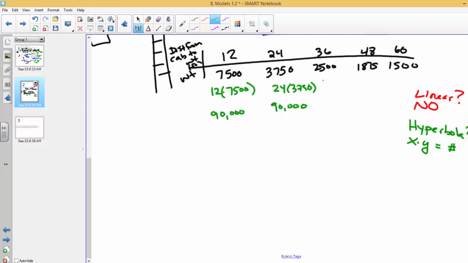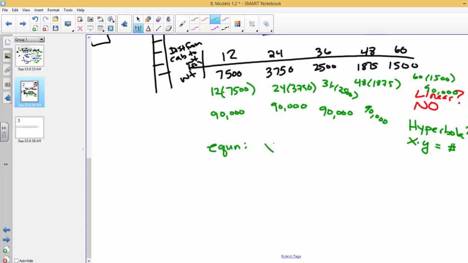This is kind of exciting. 36 times 2,500 is, you guessed it, 90,000. 48 times 1,875 is 90,000. And 60 times 1,500 is 90,000. So our equation would be x times y is always 90,000. And if you want to isolate that for y, because that's how you write an equation, you would divide both sides by x. So y equals 90,000 divided by x.